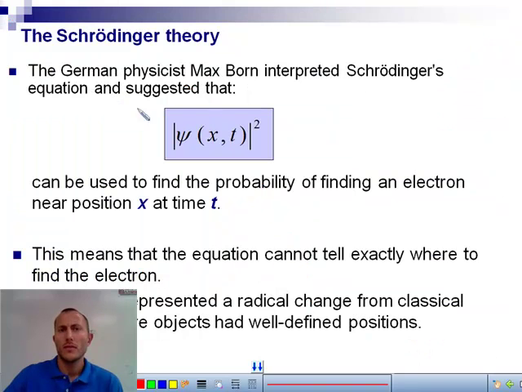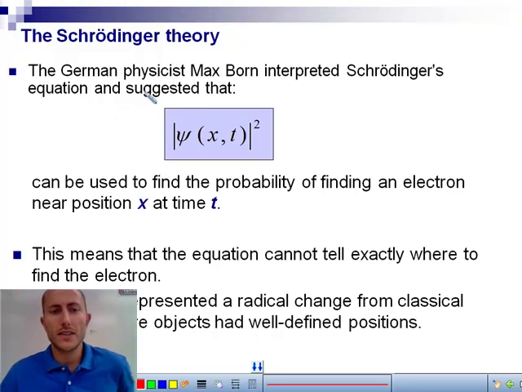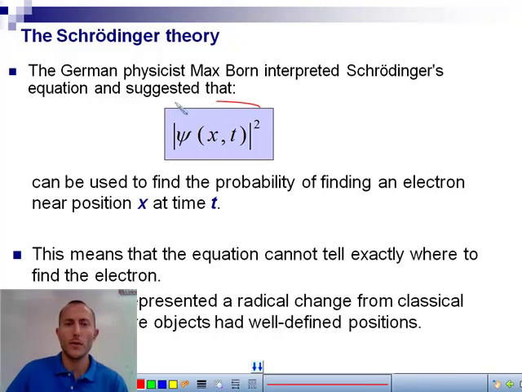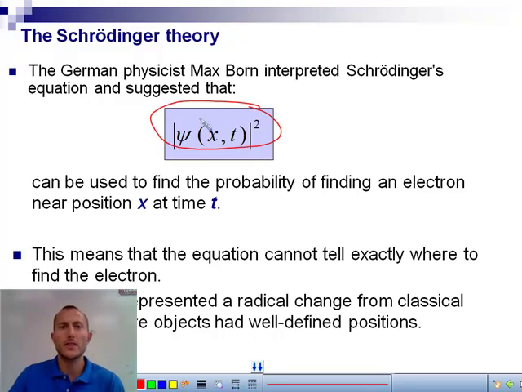And after Schrödinger, along came Max Born, who was a German physicist, and he suggested that the equation you see here, which is basically the square of that function, can be used to find the probability of finding an electron near any position at any time.